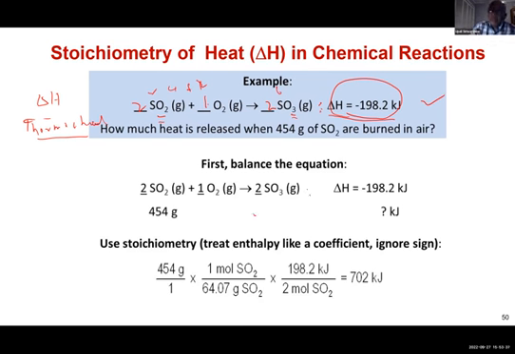So how do you calculate heat? You start with grams of sulfur dioxide. Normally, oxygen is in excess. This is the molar mass of sulfur dioxide. Grams divided by molar mass gives the moles of sulfur dioxide.